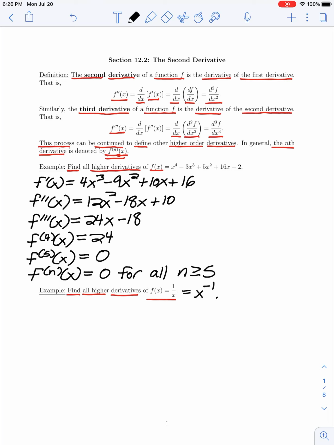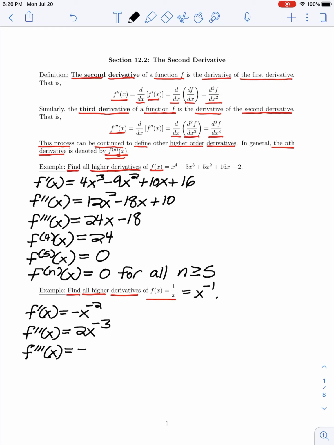Finding our first derivative, f prime of x, using the power rule, we have negative x to the negative 2, and our second derivative, f double prime of x, would then be positive 2x to the negative third, again using the power rule.